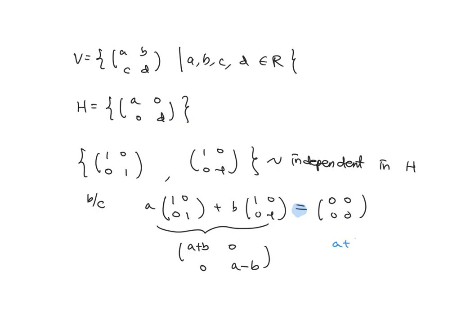So A plus B will be 0 and A minus B equals 0. If you solve those equations, then you can show that A and B are both 0. So if I assume that a certain linear combination of the given vectors is 0, then the weights will be 0. So because of this, the given vectors will be linearly independent. Do you follow me up to this?